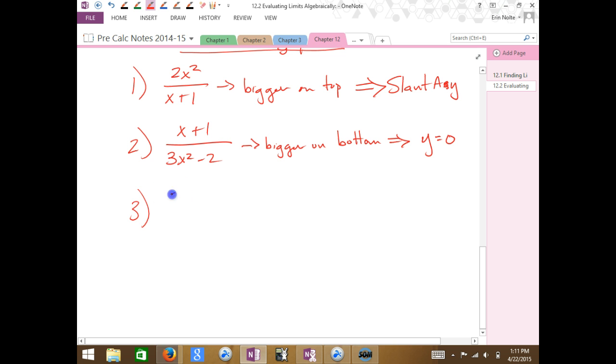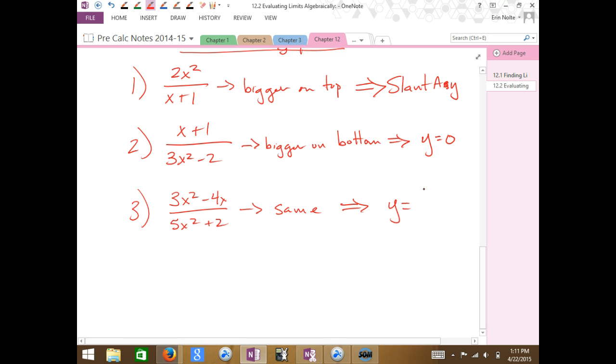Let's say you had something like 3x squared minus 4x over 5x squared plus 2. In this case, they're the same. So this is going to imply a horizontal asymptote at, can you remember this?